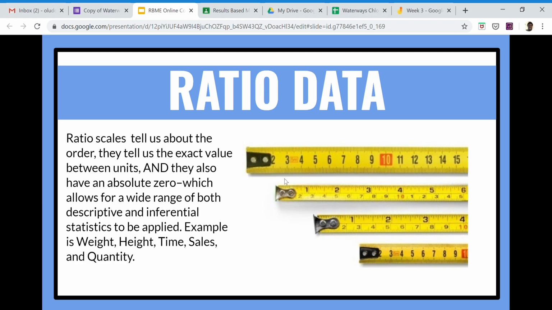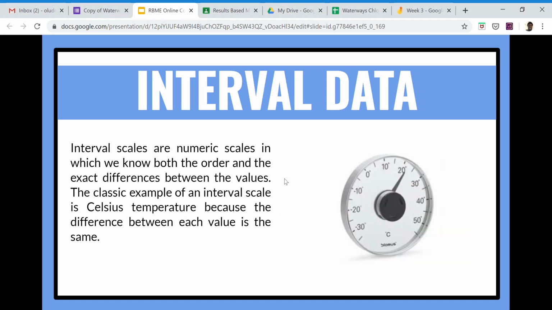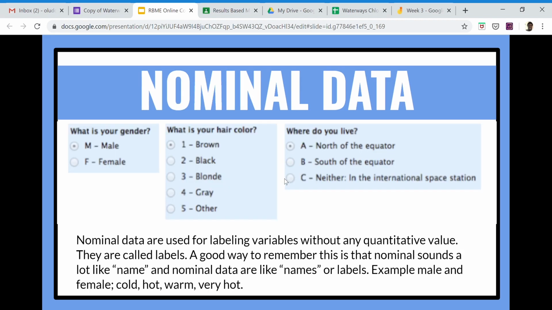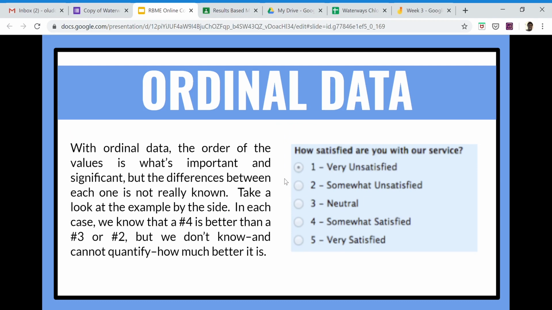So when you have 5.7 in terms of height, they are continuous data and do not have an absolute zero. That's what ratio data means. While the interval data, on the other side, are constant whole numbers. These two are always quantitative, while nominal and ordinal are qualitative.